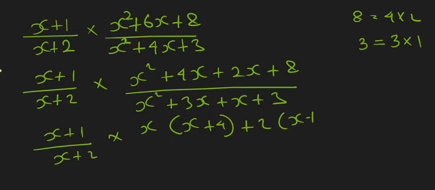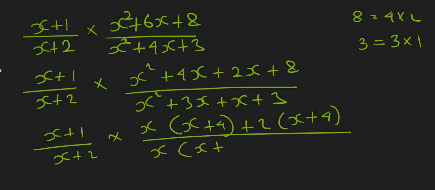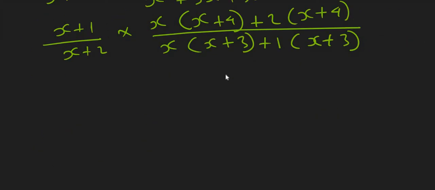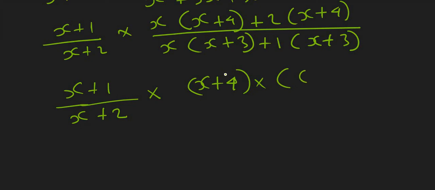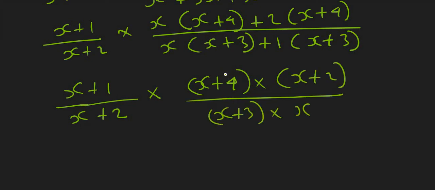Therefore, we are left with x plus 4 divided by, we take x out, we are left with x plus 3, we take 1 out, therefore we are left with x plus 3. So the common terms are x plus 4 into x plus 2, x plus 3 into x plus 1. So this is what we get after we have factorized the second fraction, both the numerator and the denominator.